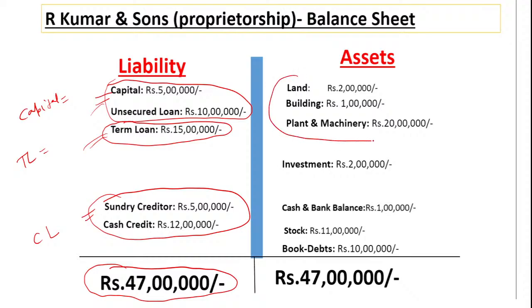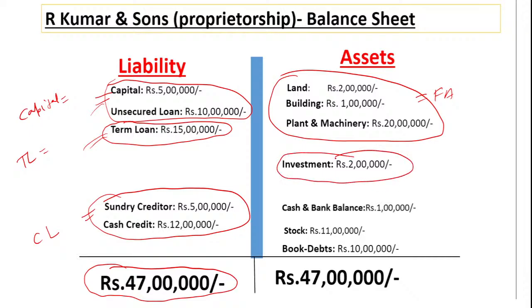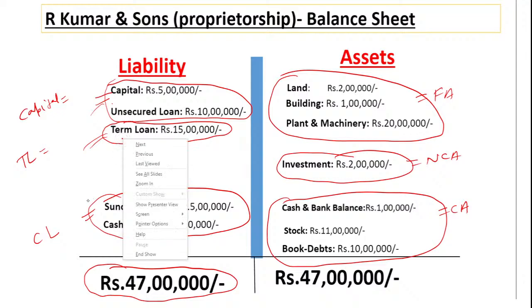Likewise, this is the right side, it is the fixed assets, and this is the non-current assets. Investment and all this we have classified into non-current asset, and this is called the current assets. So I have asked many times questions कि suppose the size of the balance sheet is 47 lakhs and the capital and term loan figure is there, can you arrive at the current liability?